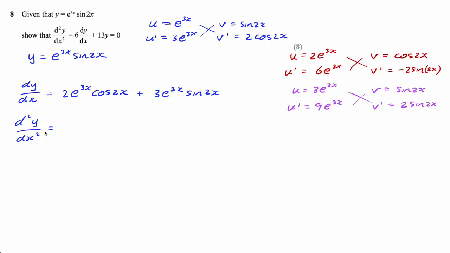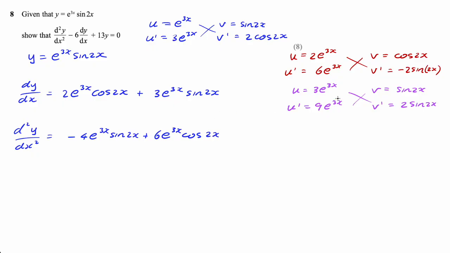So d2y dx squared is equal to this times this plus this times this. That's going to be negative 4e to the 3x sine 2x plus 6e to the 3x cos 2x.